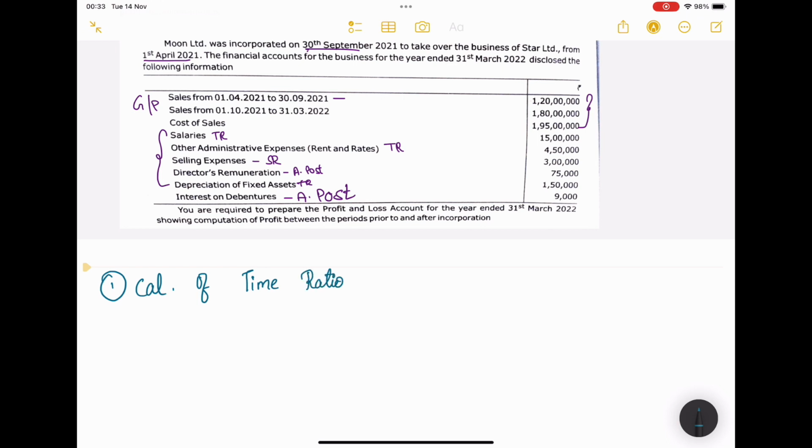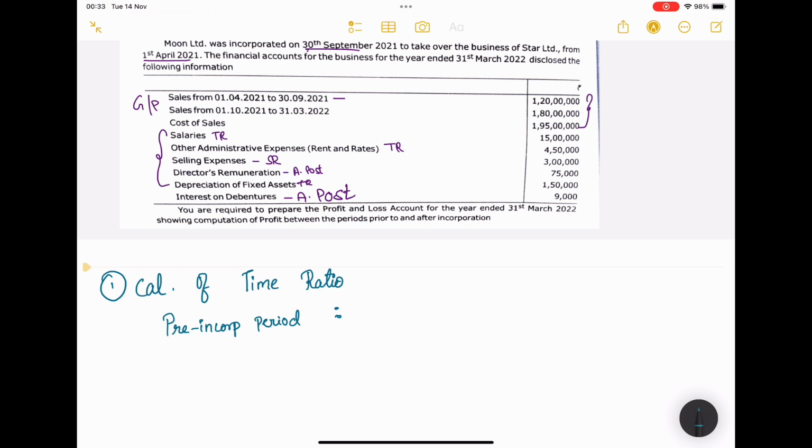Okay, so the first one, how are we going to calculate the pre-incorporation period to the post-incorporation period, isn't it?